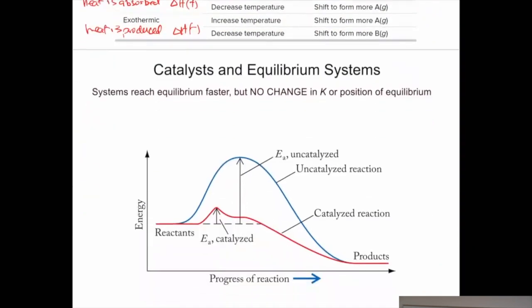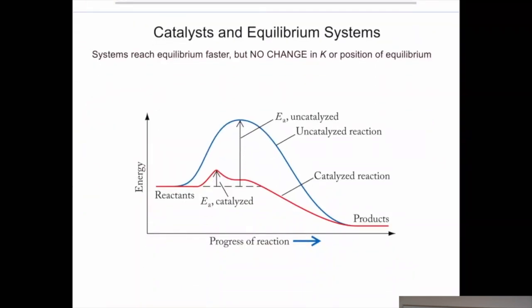We talked about catalysts last time. We can talk about catalysts again now with respect to equilibrium. So here's a graph that should look somewhat familiar to you. In blue, we have the uncatalyzed reaction, and you can see the activation energy.